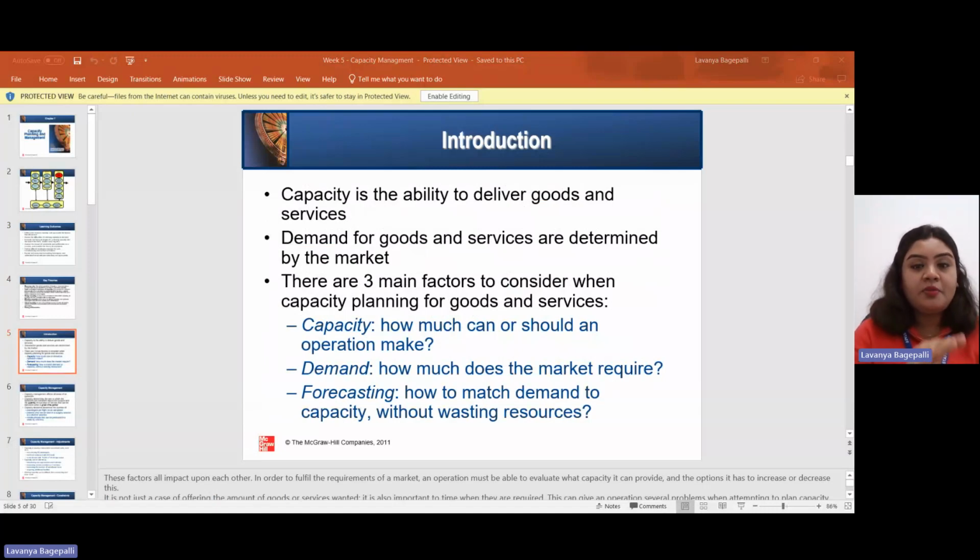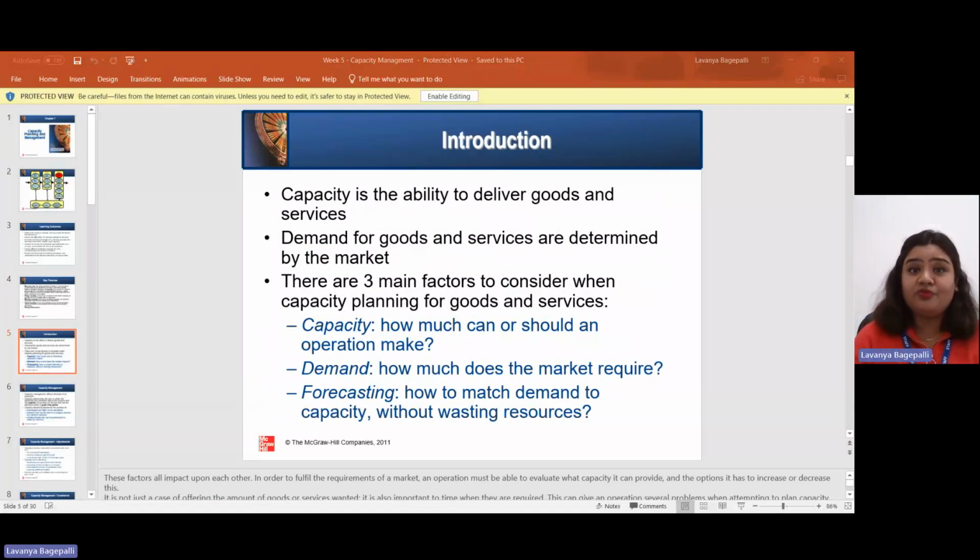If the market demands 800 cars per day and the company is producing 1,000 cars, that would lead to excess inventory, while producing 600 would result in unmet demand. So knowing the actual demand is essential so that the business can avoid overproduction or underproduction, which leads to excess cost or expenses.